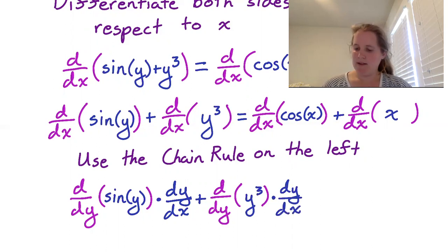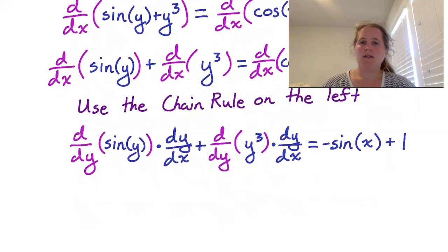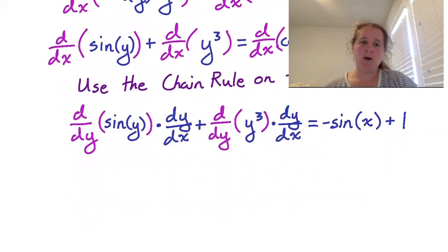And then on the right-hand side, we just have our standard derivatives. The derivative of cosine x is negative sine of x, and the derivative of x is just 1, so we have plus 1. From here, we can take the derivative with respect to y.